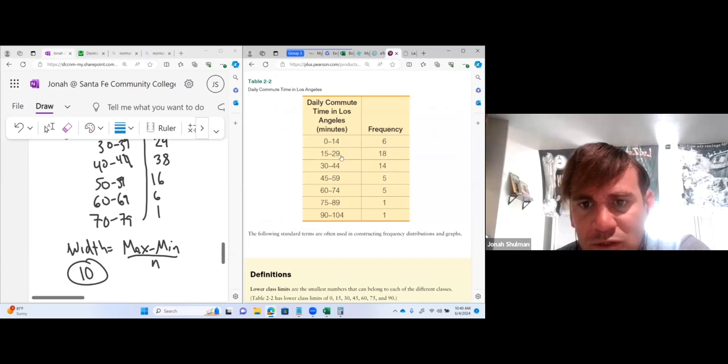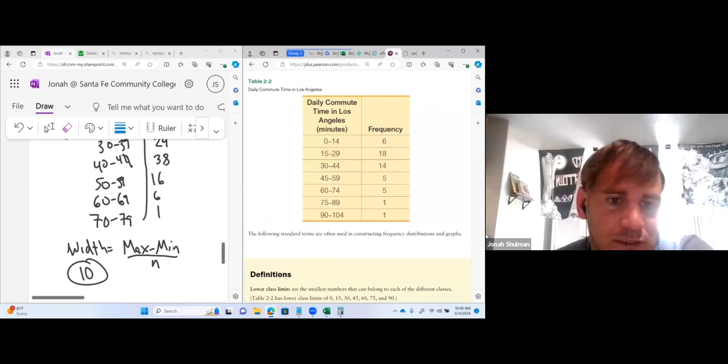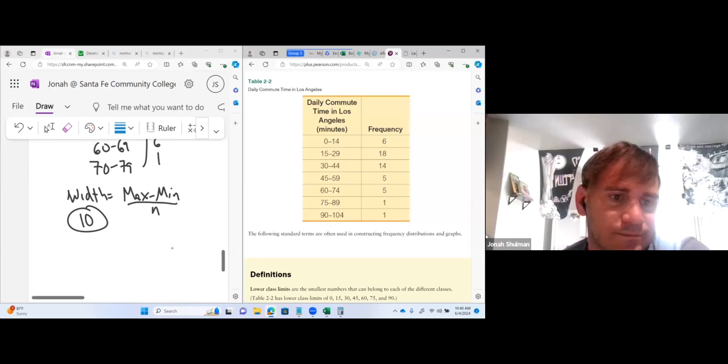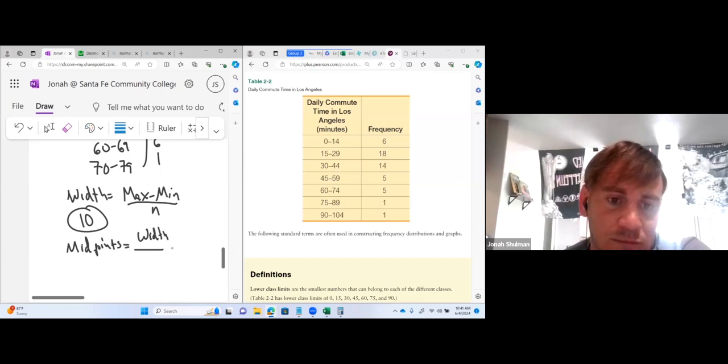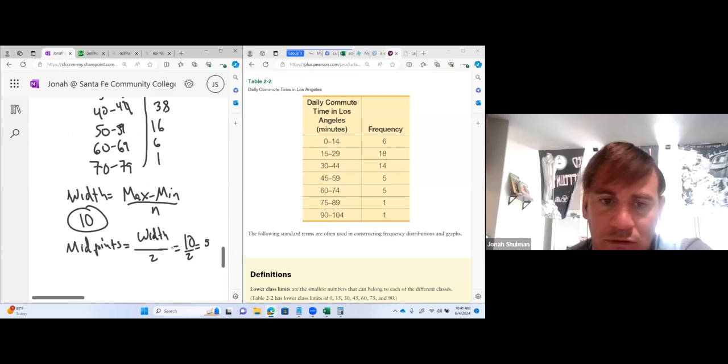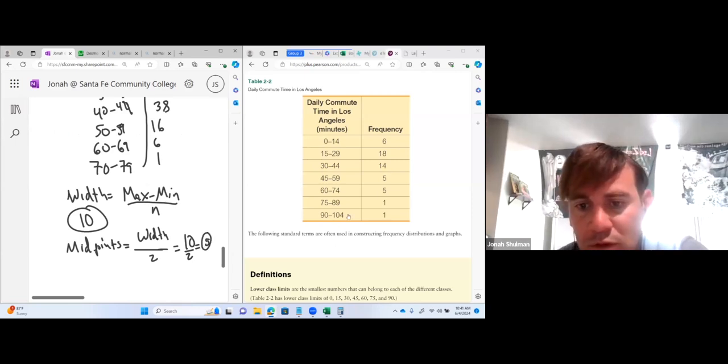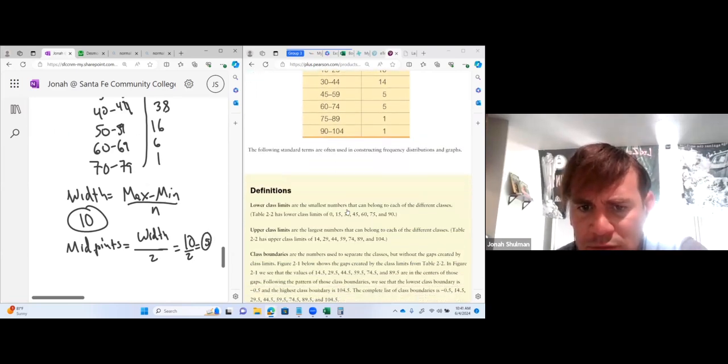Halfway between 15 and 29 is 14 numbers, so it's 7. So basically to get these midpoints, all you have to do is take the width of these classes and divide it by 2. In our case it's just 10 divided by 2. So our midpoint is the 5th number in the middle. So our midpoint is 5.